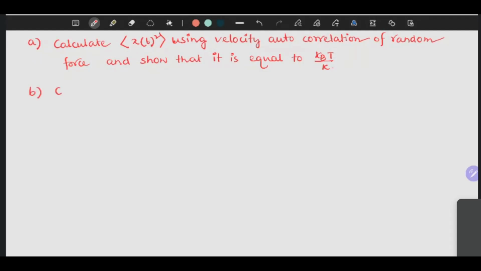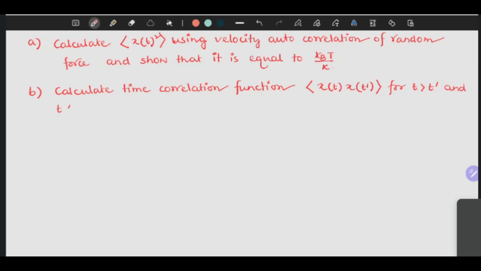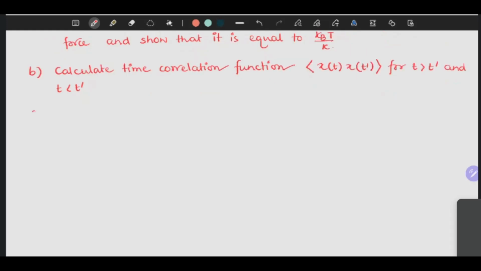Second thing is calculate the time correlation function of x(t) and x(t prime) for t greater than t prime and t less than t prime, the different regimes.